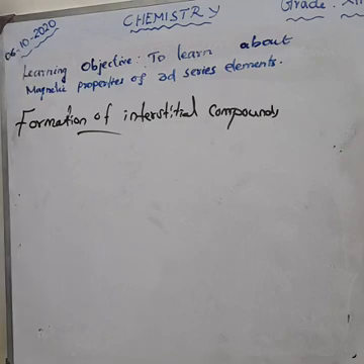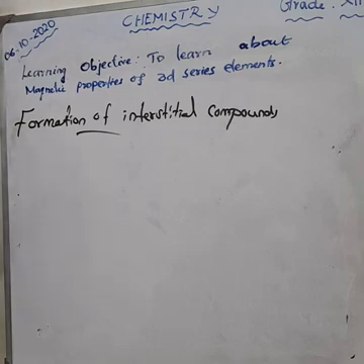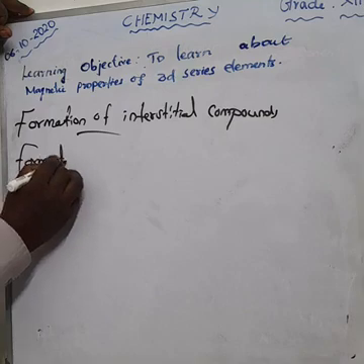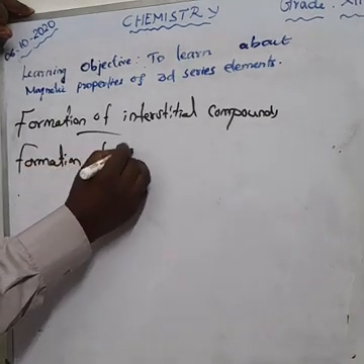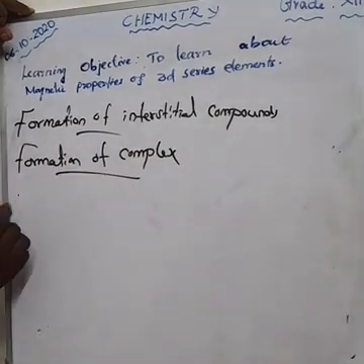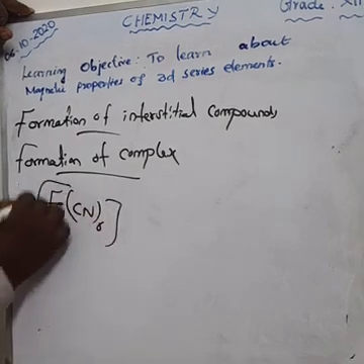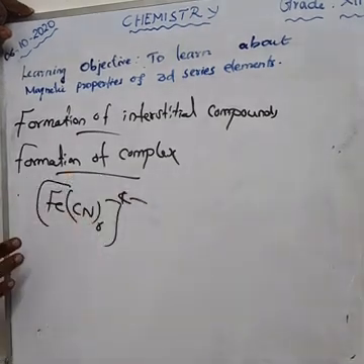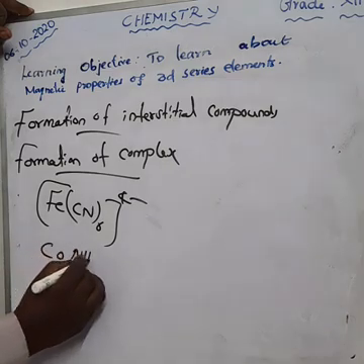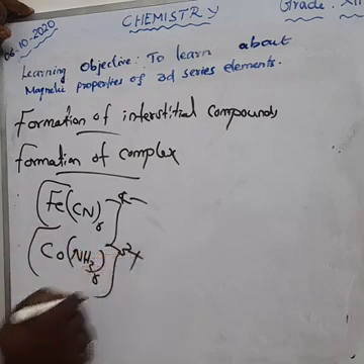Next, the transition metals also form complexes. For formation of complexes we take an example: the Fe(CN)6 4 minus ion. This is one example, and also we are taking cobalt with NH3.